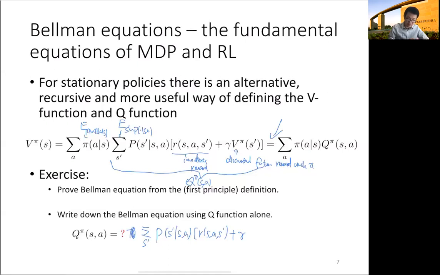In place of this V pi, we can decompose it into the sum over A prime of pi of A prime given S prime, and then Q pi of S prime and A prime. And this is the same as the V pi function at S prime.